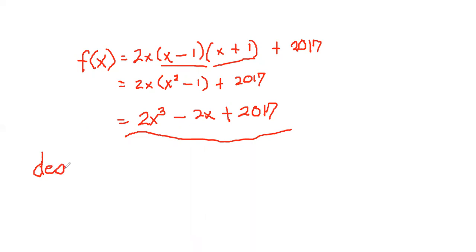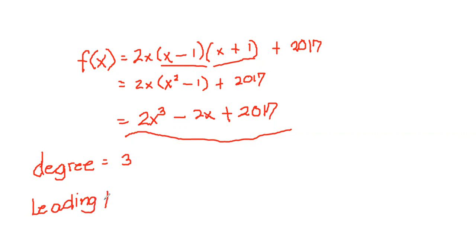So, let us find the degree. What is the degree of this function? The highest exponent is 3, so the degree is 3. Whichever term has the highest exponent, that is also our degree. Now the leading term: where is the highest exponent of 3? That term is our leading term.